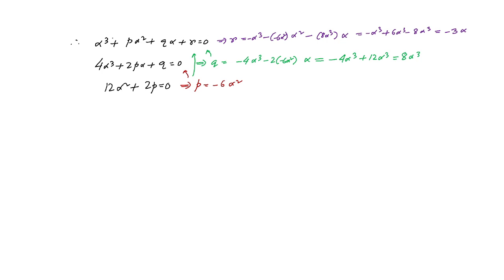This is alpha 4, not alpha cube. So we get p equals minus 6 alpha square, q equals 8 alpha cube, and r equals minus 3 alpha to the power 4.